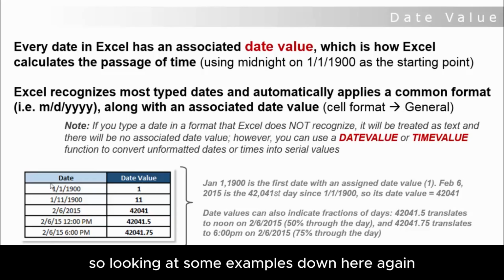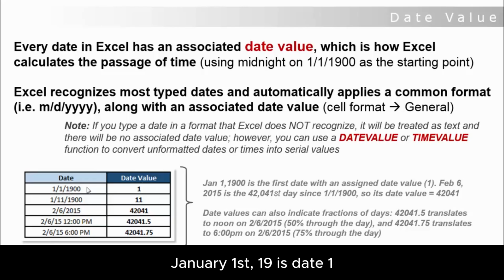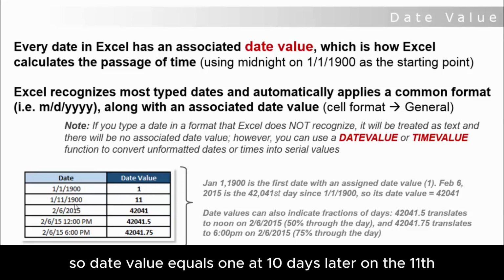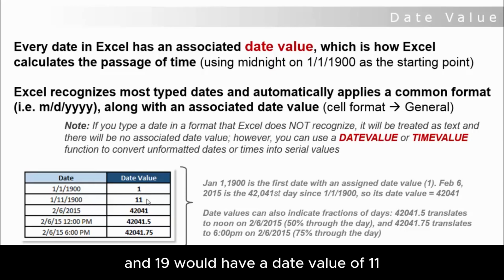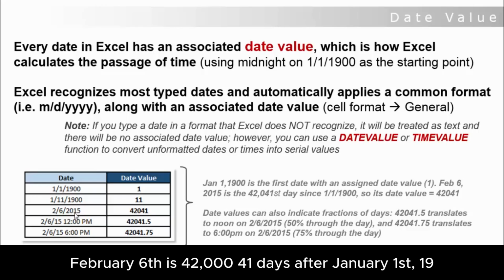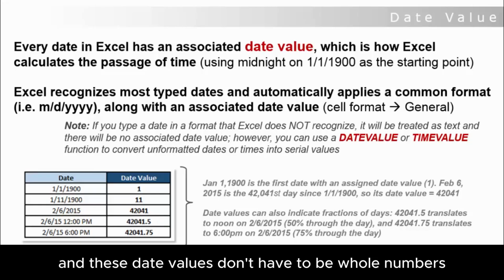So looking at some examples down here, again, January 1st, 1900 is date 1, so the date value equals 1. 10 days later, on the 11th in 1900, would have a date value of 11. February 6th is 42,041 days after January 1st, 1900, and these date values don't have to be whole numbers.